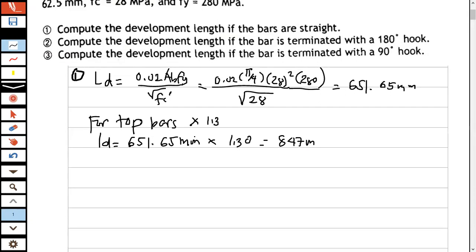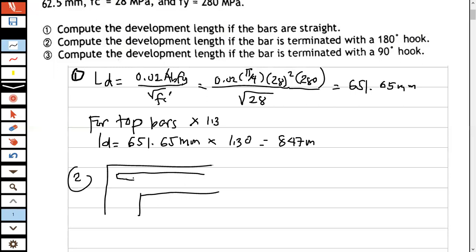Number 2, if the development length of the bar is terminated with 180 degrees hook. So, ibig sabihin, let us say this might be the beam. Pero sa actual, hindi naman tayo kadalasan dito 90 degrees. We're talking about hook.